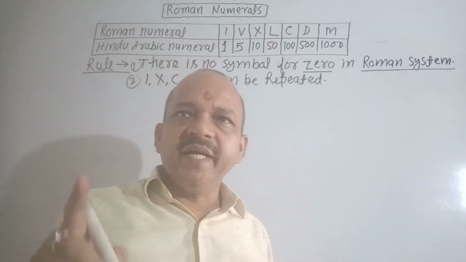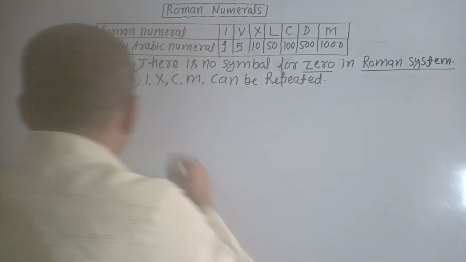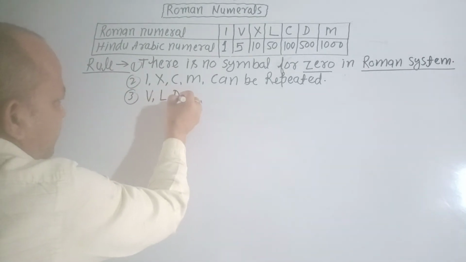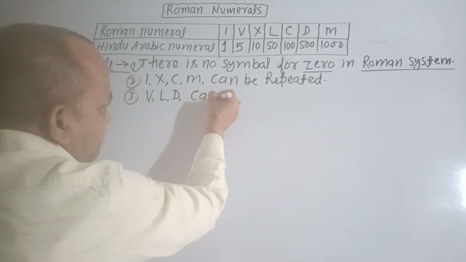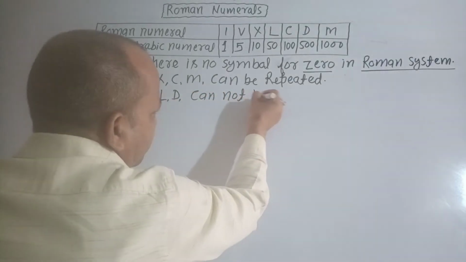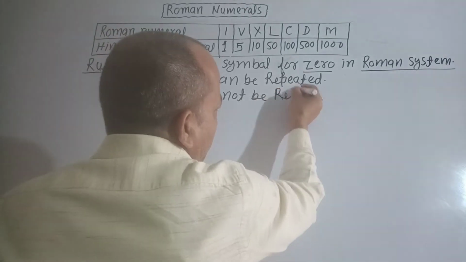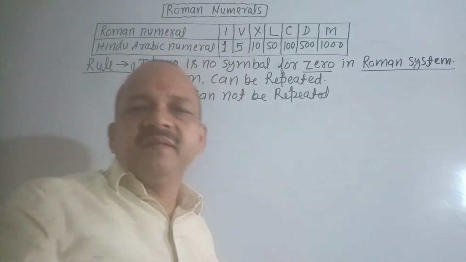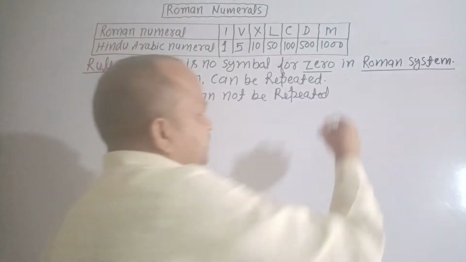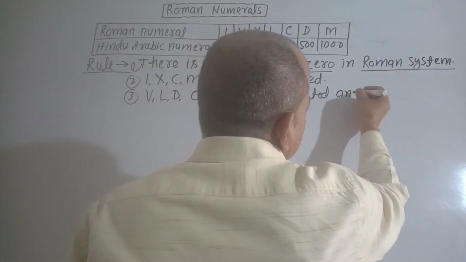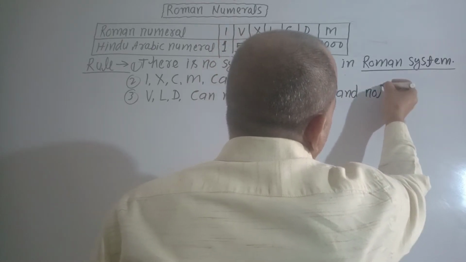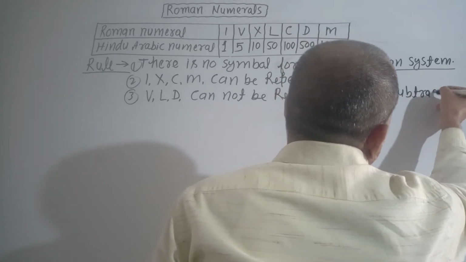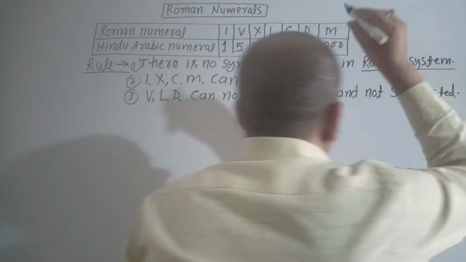V, L, D cannot be repeated and not subtracted.